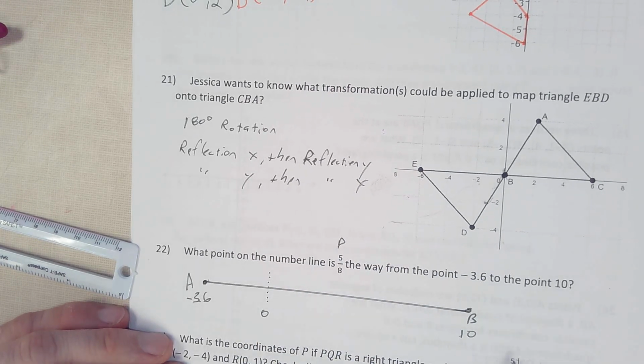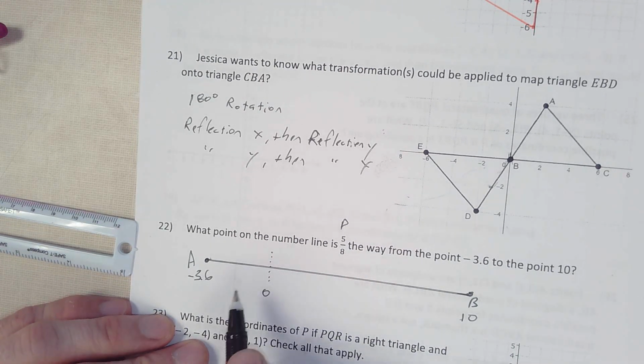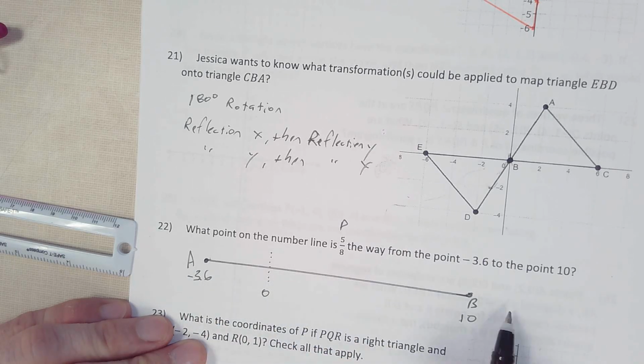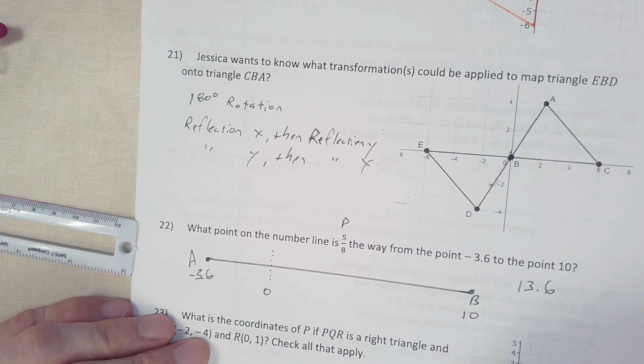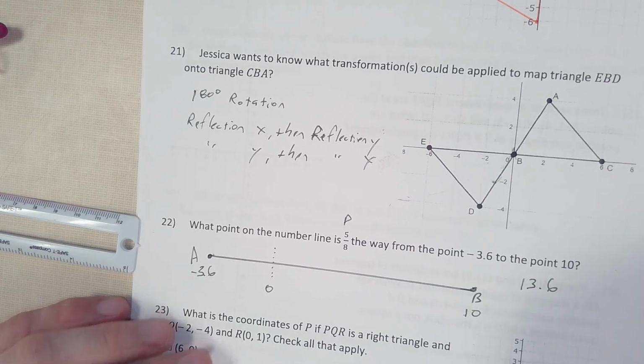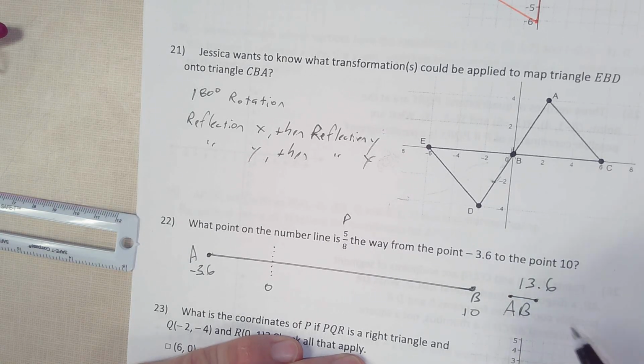So what's the difference between A and B? Well, it's going to be 3.6 this way and 10 that way, so it's going to be 13.6. That's the intuitive way to look at it. The mathematical way is that this is your final and this is your initial.